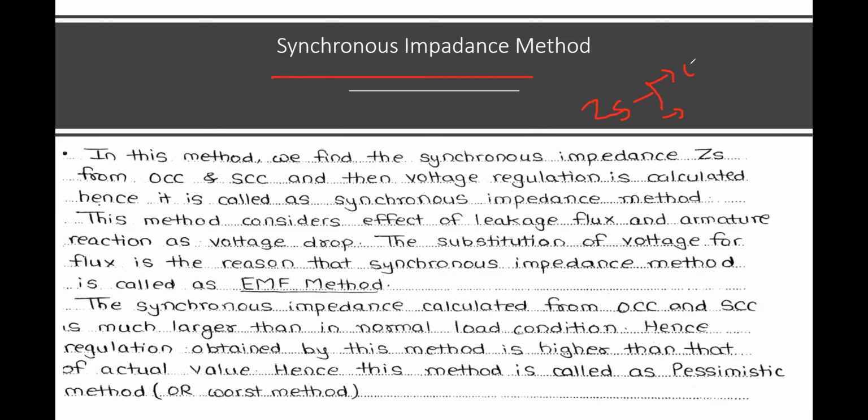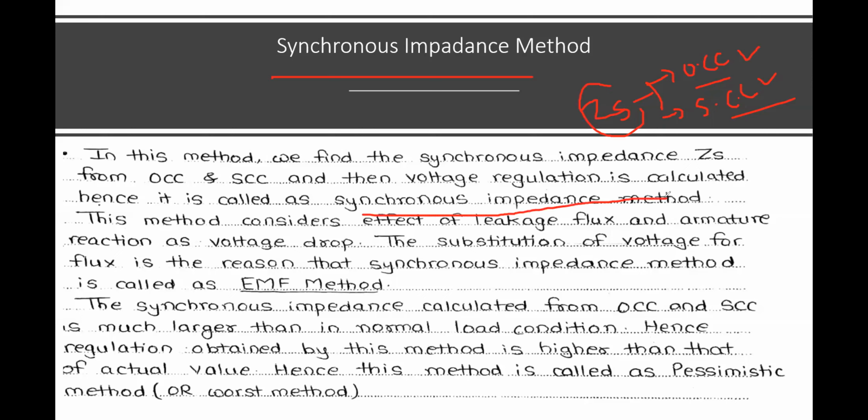First is the OCC, which we already covered, that is open circuit characteristics, and SCC, that is short circuit characteristics. If I want to calculate ZS, these two characteristics are very important. In this technique we calculate synchronous impedance. That's why this technique is also called the synchronous impedance method.